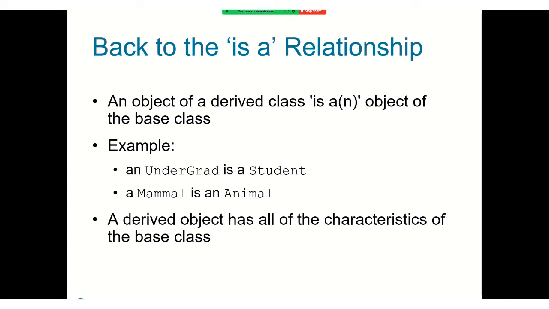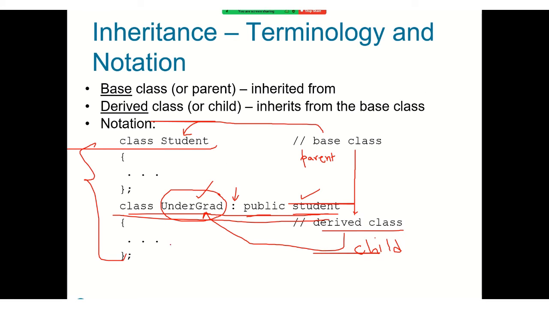So an object of a derived class is an object of the base class. So your undergrad is an object of the student class. An undergrad is basically a student, a graduate student, a grad is an instance of student.